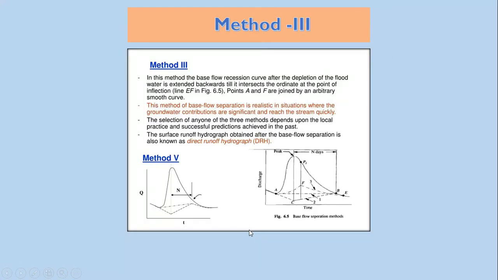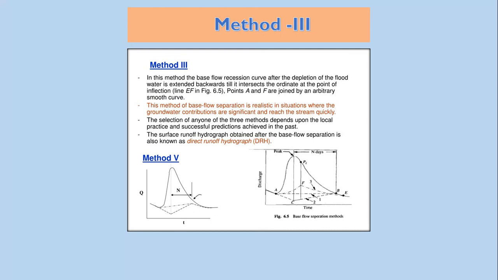Hope you understood it. Now coming to method number 3. No special name is given in this case. In method number 3, the base flow recession curve after the depletion of the flood water is extended backward till it intersects the ordinate at the point of inflection.